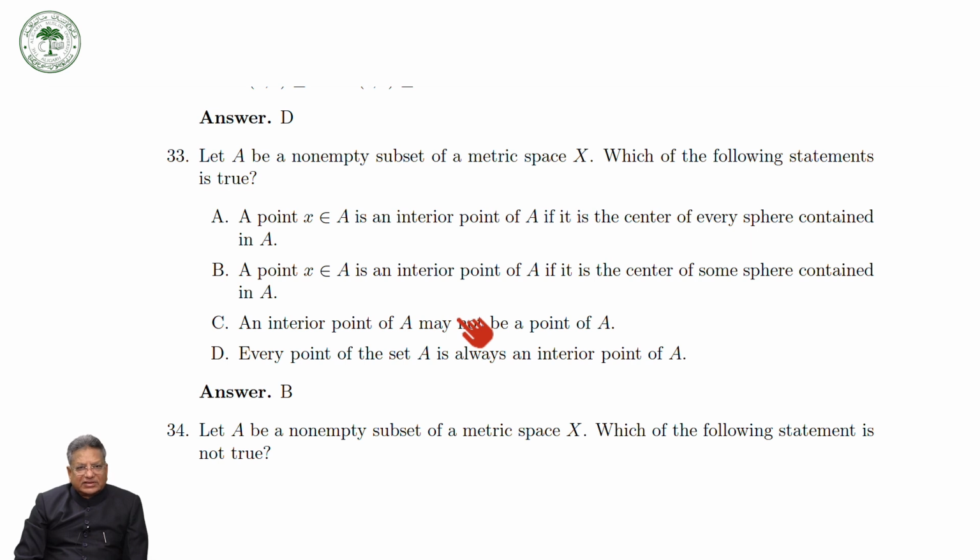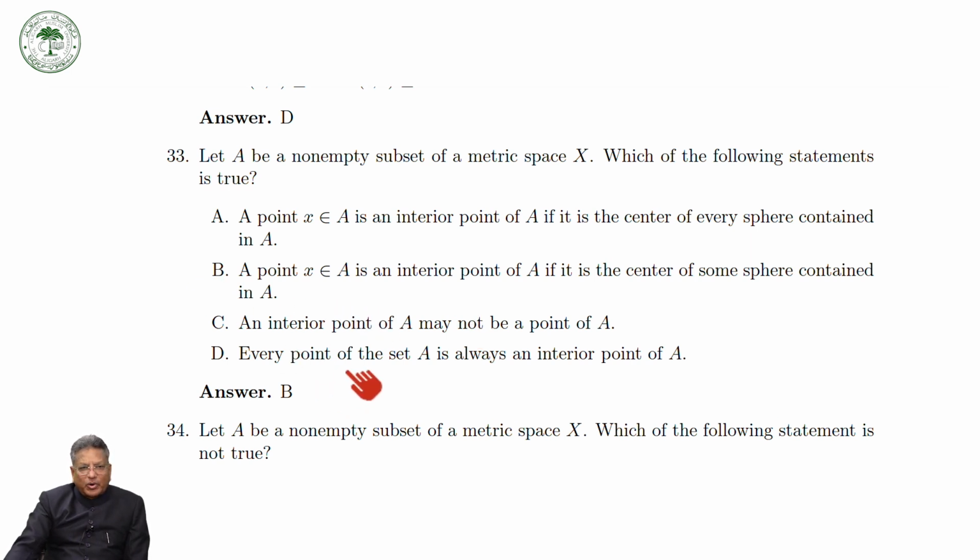A point x is an interior point of A if it is the center of every open sphere contained in A. No, the definition was that a point x in A is an interior point of A if it is the center of some open sphere contained in A. Keep this in your mind. So statement B is true.